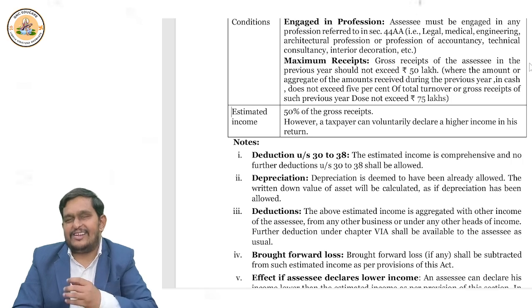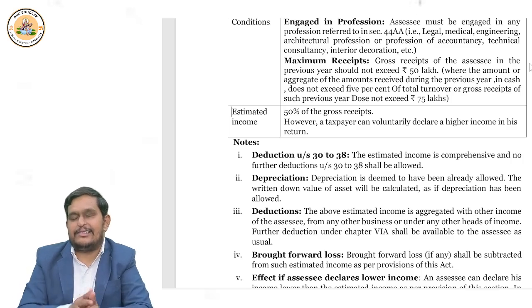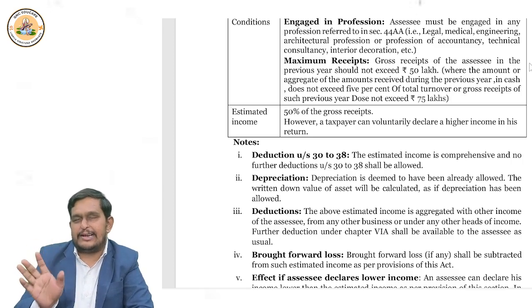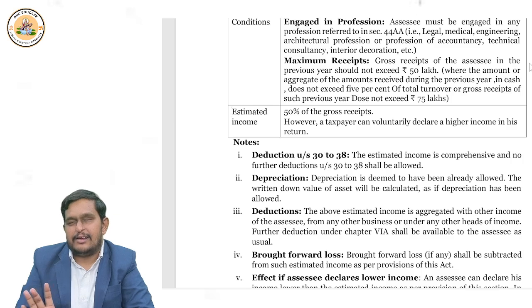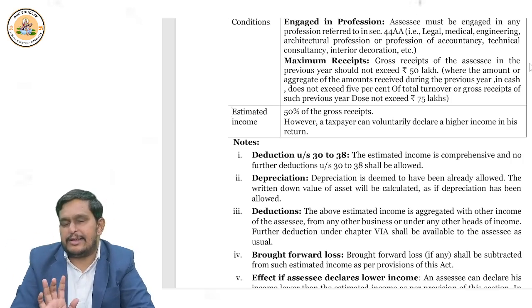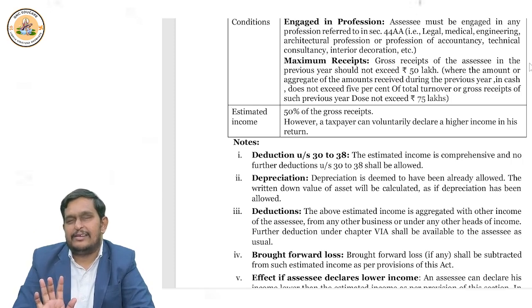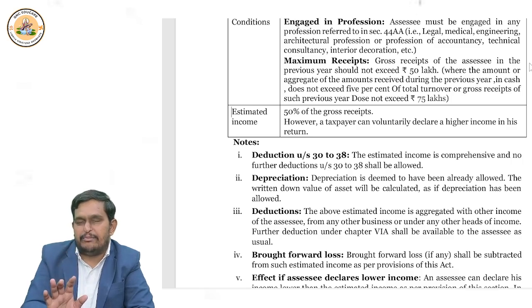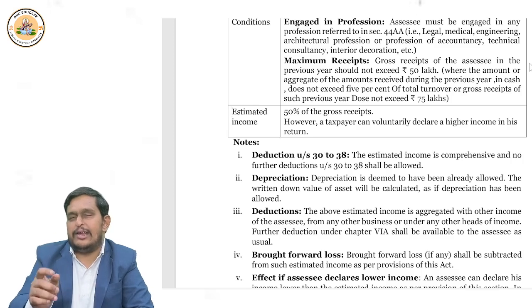Now the balance provisions are very easy. There were section 30 to 38 deductions. They are deemed to be deducted, so no need to deduct again. Depreciation is also deemed deducted, no need to deduct depreciation again. Then for any 80C to 80U deduction you want to claim, you compute the gross total income of the assessee from all heads, all different businesses, then claim 80C to 80U deductions.